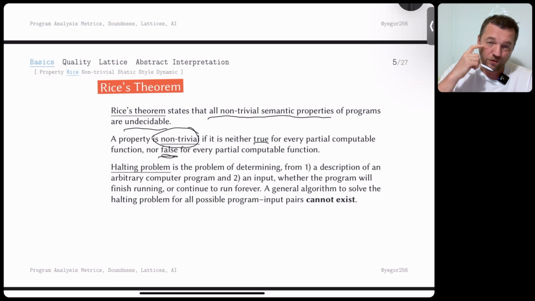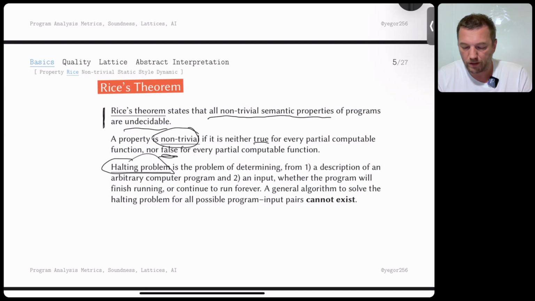How they prove this theorem, you can read yourself. It's not so complicated, but the proof of this theorem is based on the halting problem, which you probably know. It is the problem of determining, by looking at the description of the program and at the input for the program, whether the execution will stop at some point or will run forever.